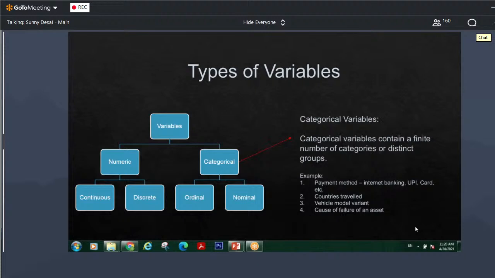From a descending order perspective, the first one would be distinction and the last one would be did not pass, and from an ascending order it could be did not pass to distinction. But yes, they have a natural order. So something has a natural order, something has no natural order. Those are known as ordinal and nominal, and now we will look at all those different types of variables.